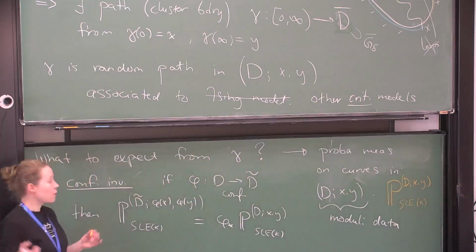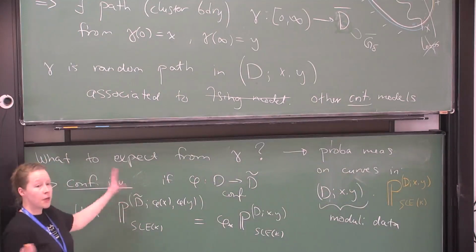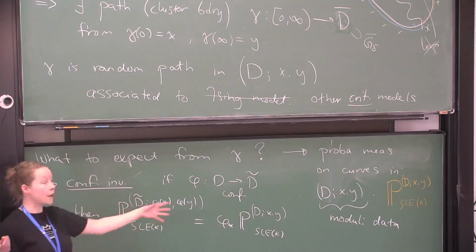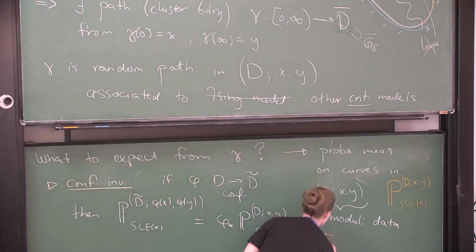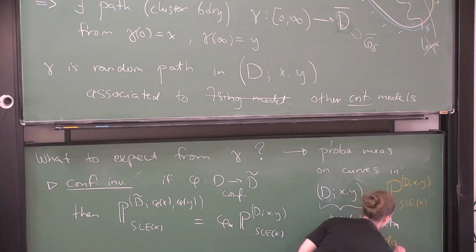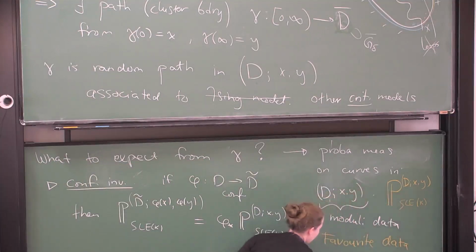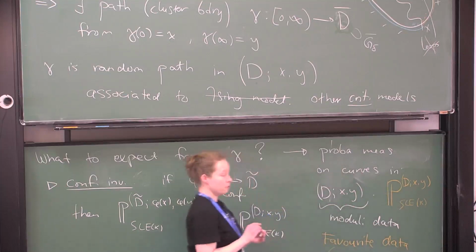And then in particular, for me it's sufficient to understand this kind of measure in some favorite moduli data. So our favorite data will be the upper half plane with the marked points 0 and infinity, for this case of 2 points.